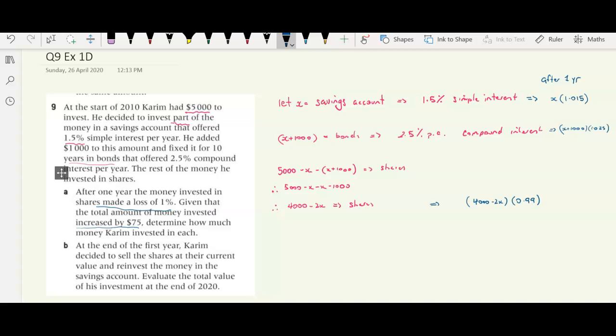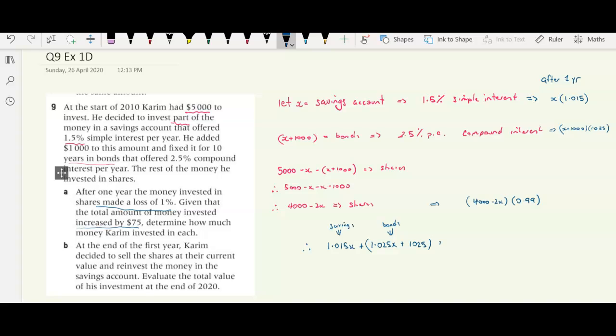So we can say, therefore, 1.015x plus 1.025x plus, now this is 1,000 by 1.025, which is 1,025. All right, so that's the bonds bit, and that's the savings.